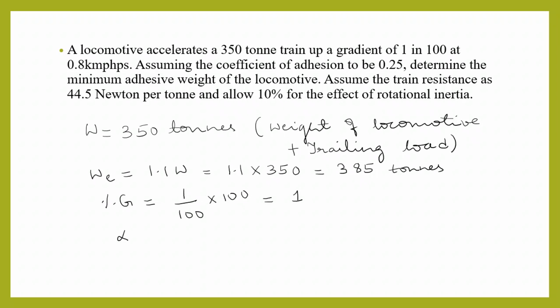And acceleration alpha is 0.8 kilometer per hour per second. And coefficient of adhesion mu is 0.25. And the train resistance R is 44.5 Newton per ton.